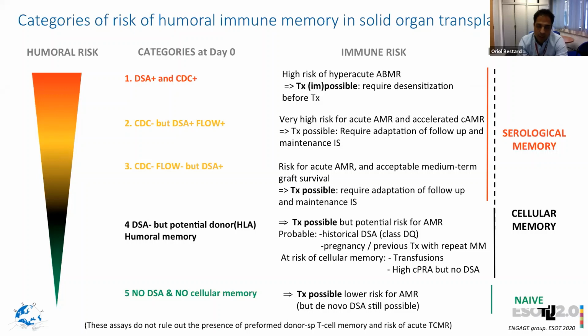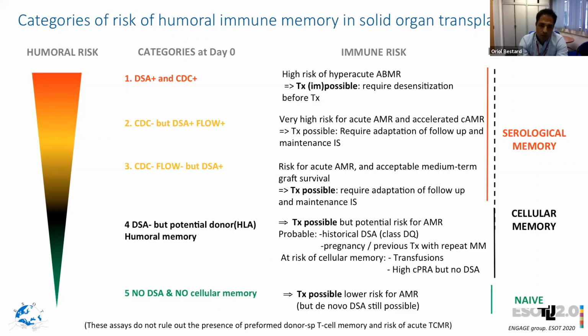And finally, we also have an important group of patients with potential cellular memory, with all the serological tests negative on the day of transplantation, but who might put us in trouble in deciding whether the patient might have a recall secondary immune response and therefore be at high risk of AMR.